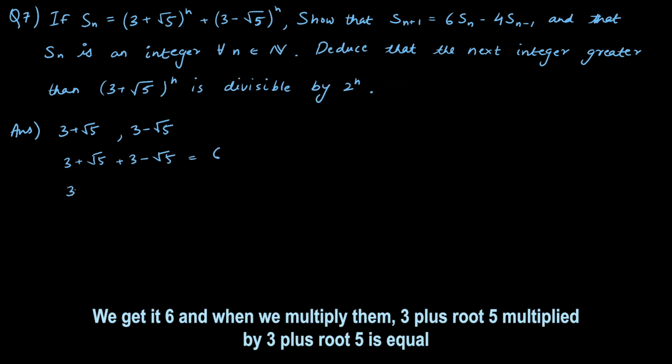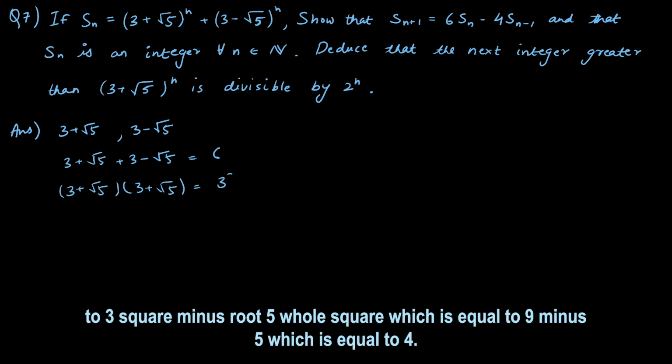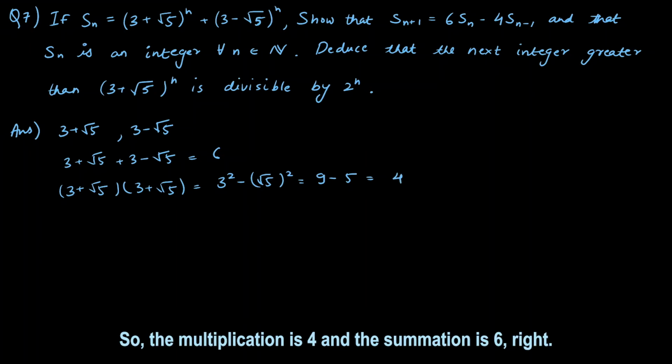And when we multiply them, (3 + √5)(3 − √5) is equal to 3² − (√5)², which is equal to 9 − 5, which is equal to 4.